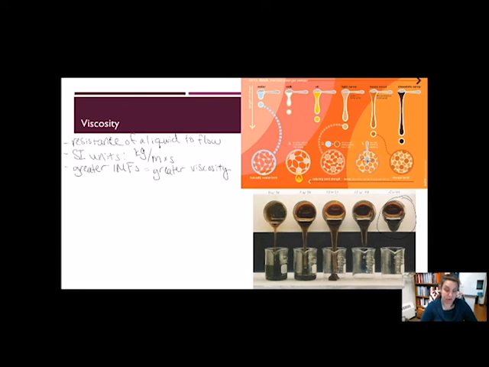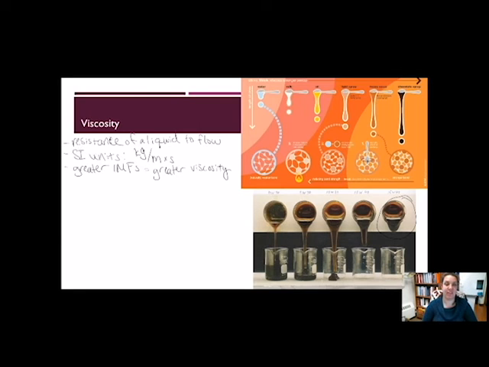Well, yes, greater intermolecular forces leads to greater viscosity, but that is not the only thing that is going to play a role. We also have basically the tangleability of substances.